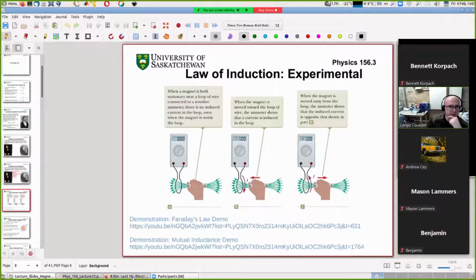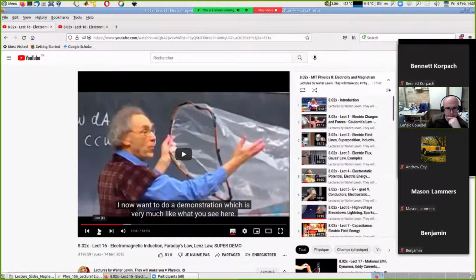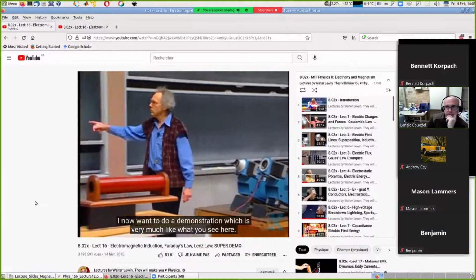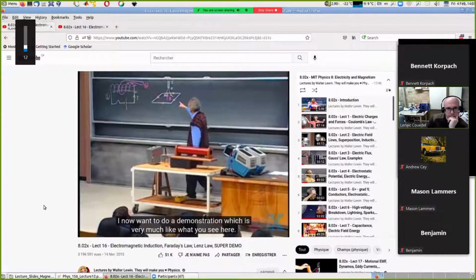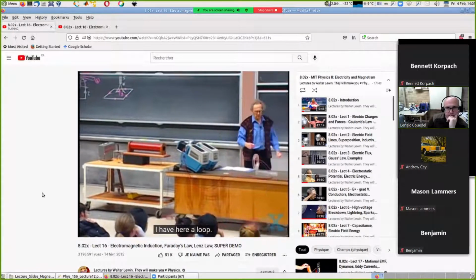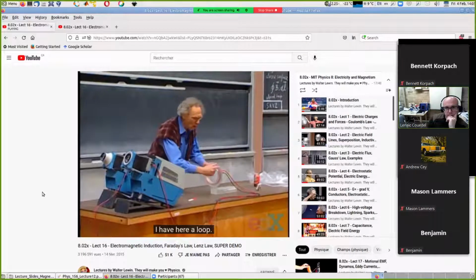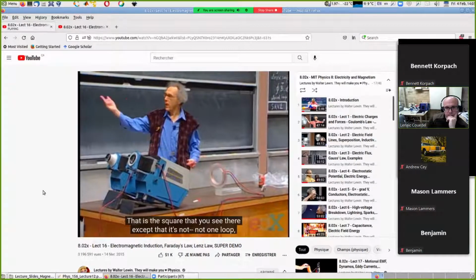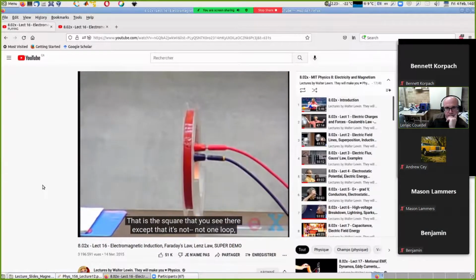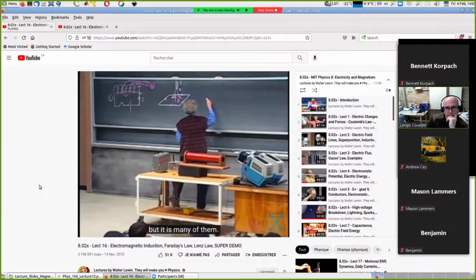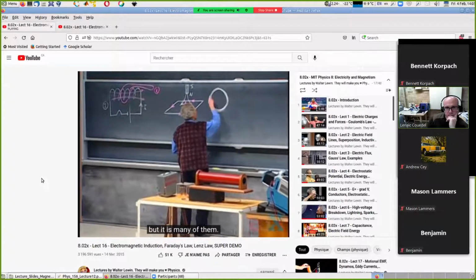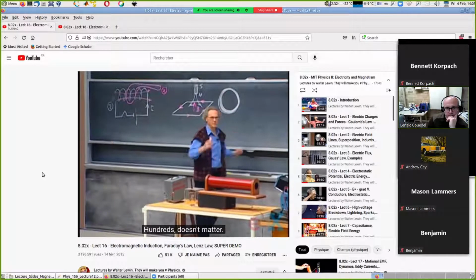So here's the first demonstration, which is very much like what you see here. I have here a loop, the square that you see there, except that it's not one loop, but many of them. Hundreds, doesn't matter.